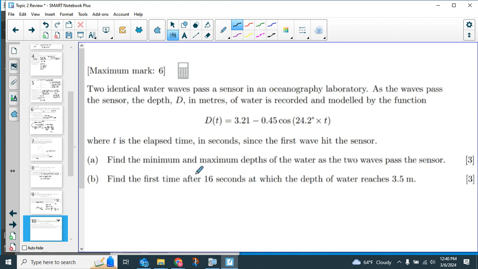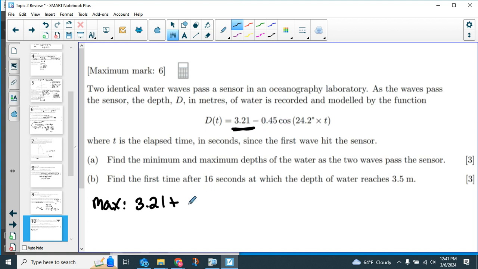So again, I personally would do the baseline plus and minus the amplitude, right? So for the maximum, I would do my baseline, which, now be careful, the D is out front, right? So my baseline is 3.21 plus my amplitude, which is the absolute value of A. So do I care about this negative out here?